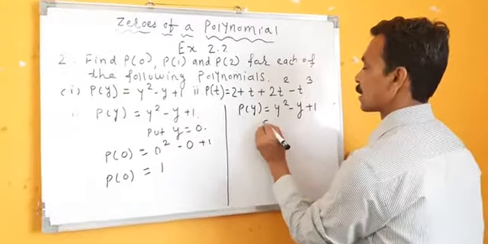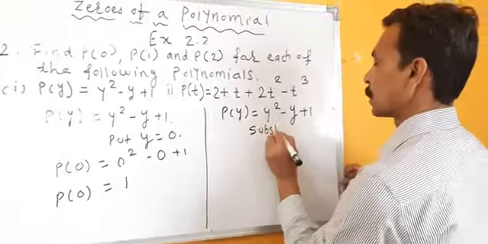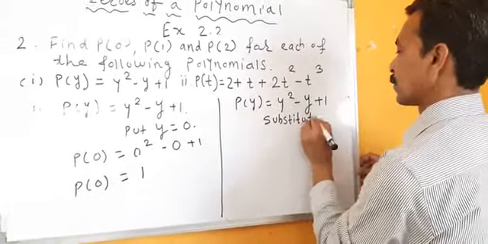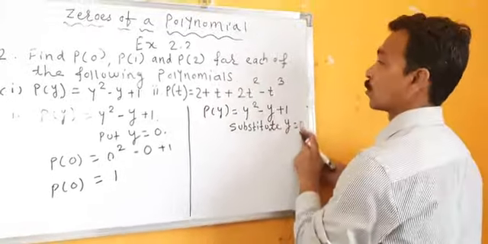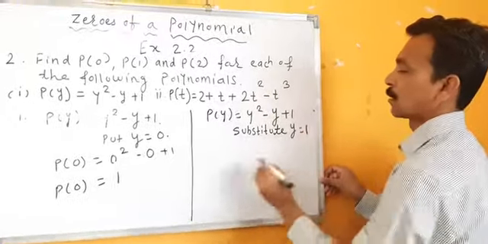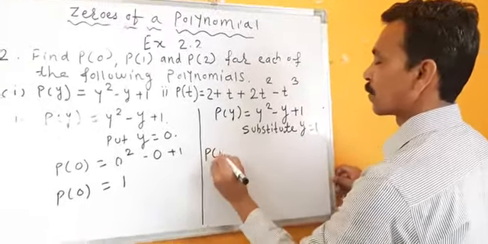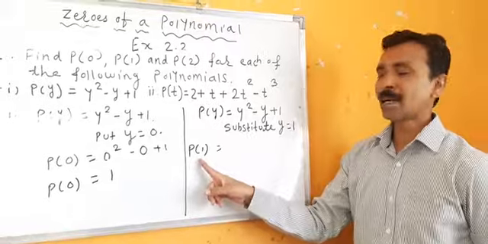I will write here, substitute y is equal to 1. It becomes P of 1. Why instead of y have I written 1?